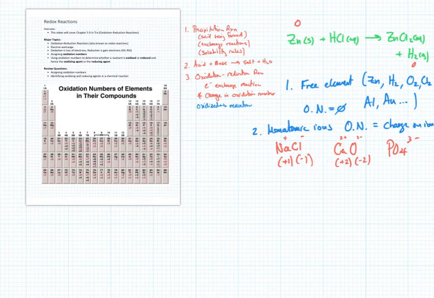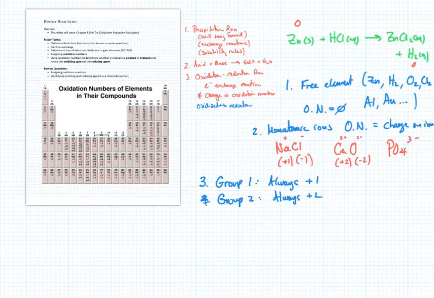Okay, rule number 3. A couple of ones that are always a certain assignment. So group 1 cations, these are always +1. Group 2, always +2.